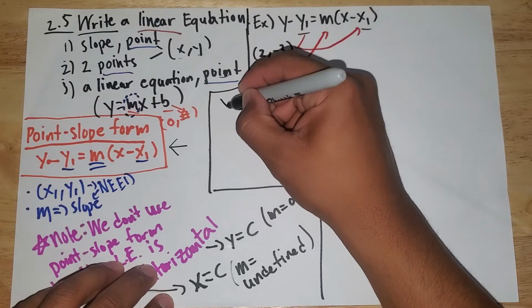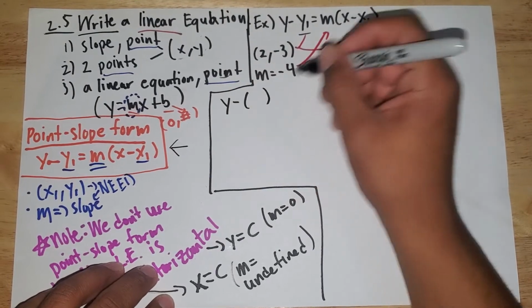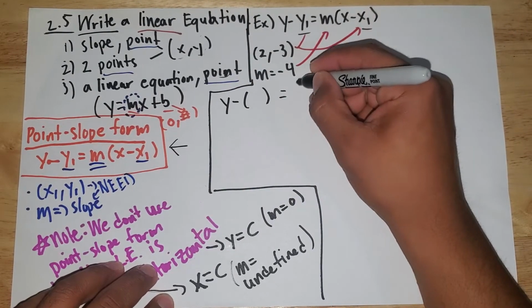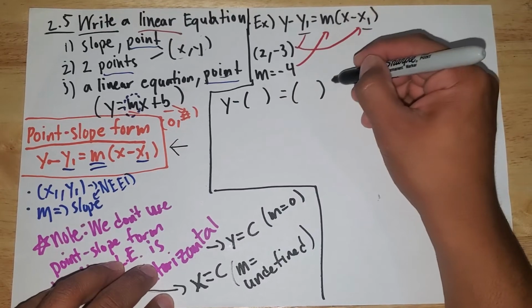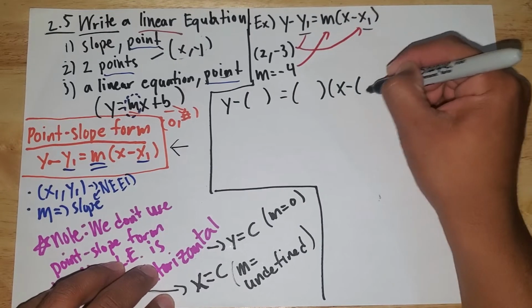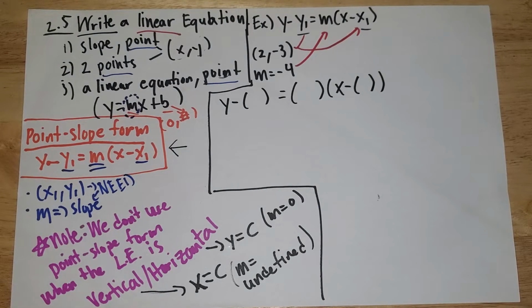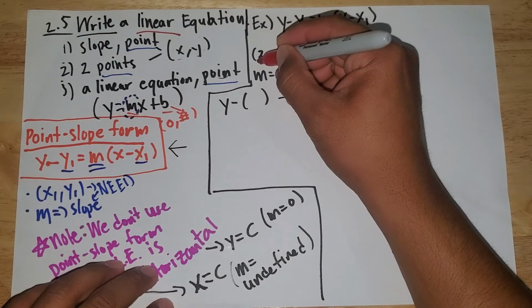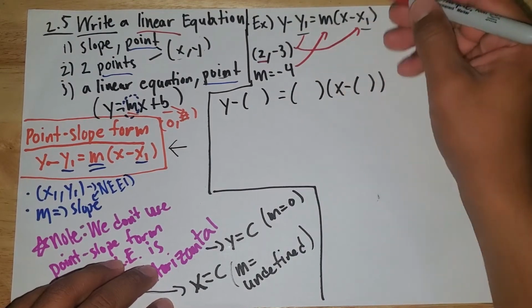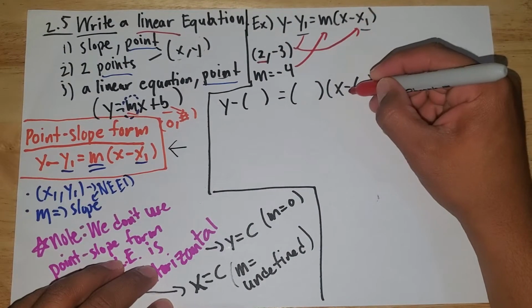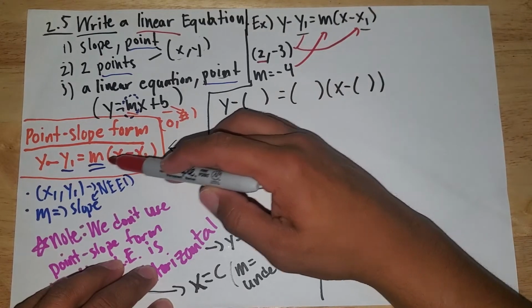So it's going to be y minus, and then parentheses, I'm going to plug in that y sub 1 is equal to, parentheses, I'm going to plug in the slope, x minus, and then parentheses one more time because I'm plugging in that x sub 1. Here, that's my x. So that's going to go in here. Don't forget, these negatives come from the formula.